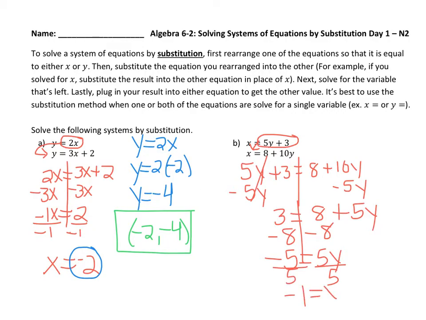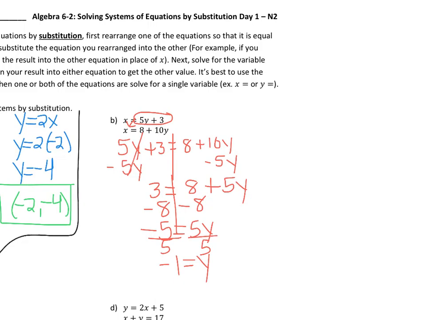Negative 1 equals y. Again, they're ordered pairs, so I need to figure out what x equals. I'm going to plug into the first equation. Doesn't matter which one you plug into again. x equals 5y plus 3.